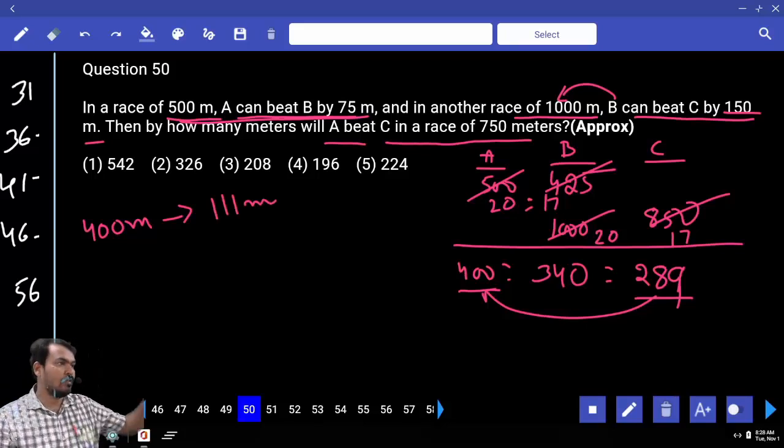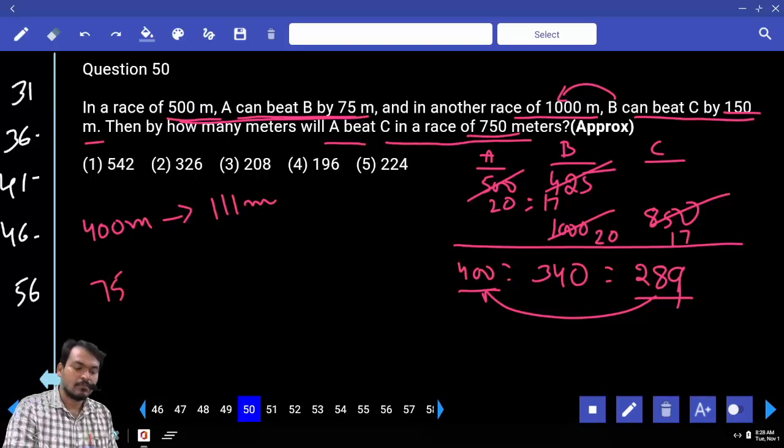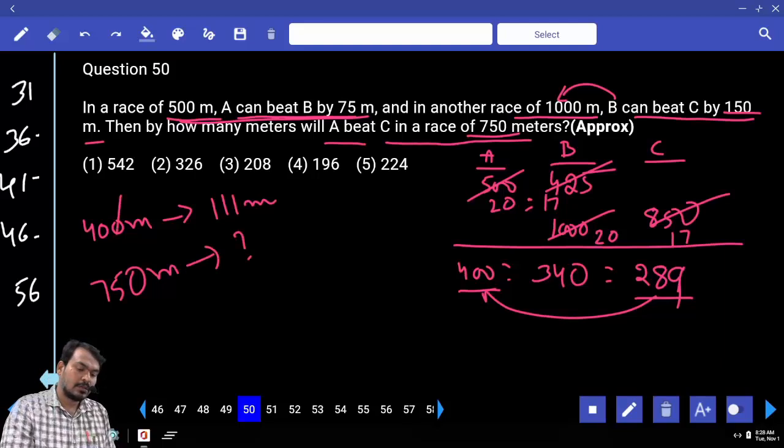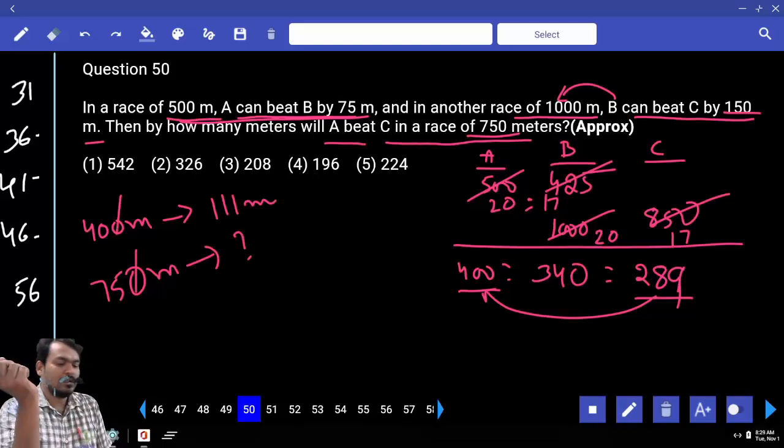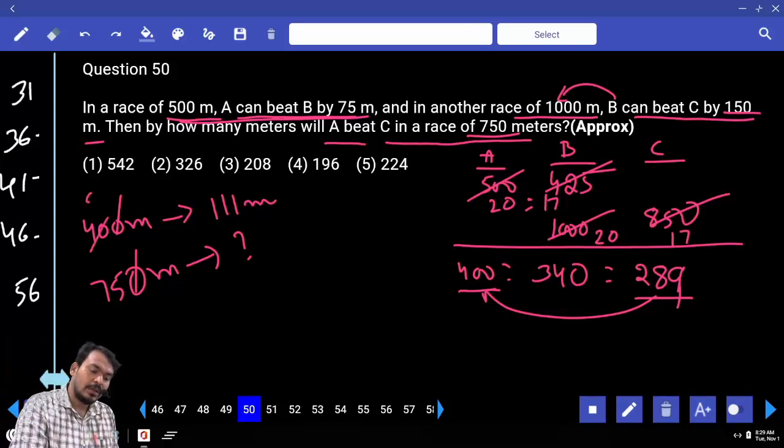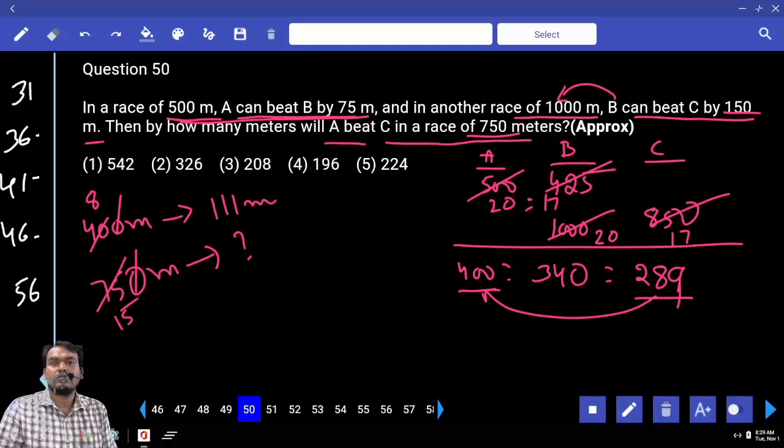If a 400 meter race, A can beat C by 111 meters. But in this question, how many meters are given? 750 meters. If 400 meters, 111 meters. If 750 meters, how many meters can he beat? 5 times how many is 750? 15 times.